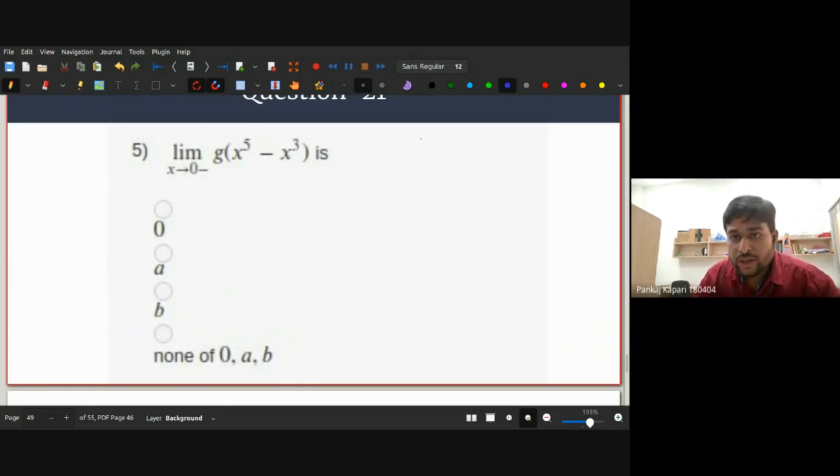Okay, so here we again put t equal to x to the power 5 minus x cube, and because x is approaching 0 from the left hand side, assume that x lies between 0 and minus 1.